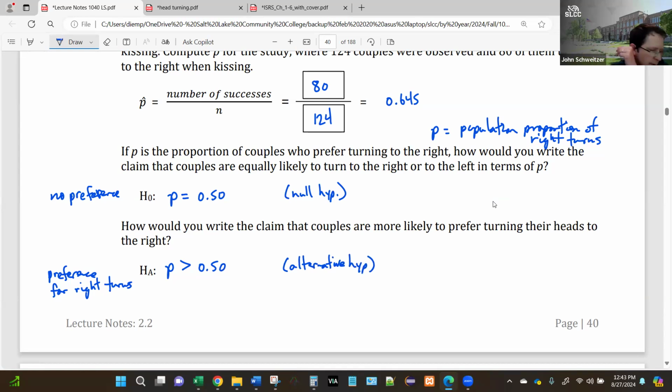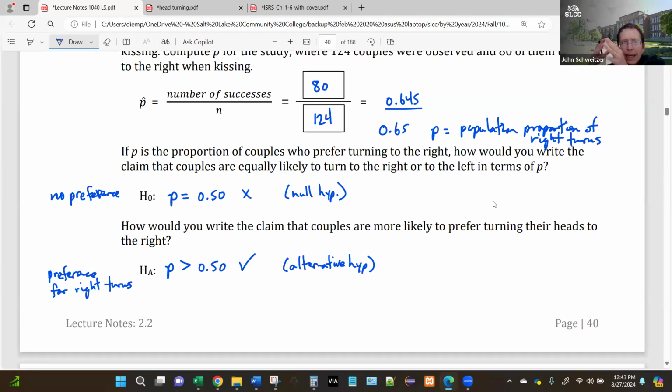So, what do you guys think? What does the data set say here? The data set is right at about 65%. 65% is not 50%. It is indeed more than 50%.